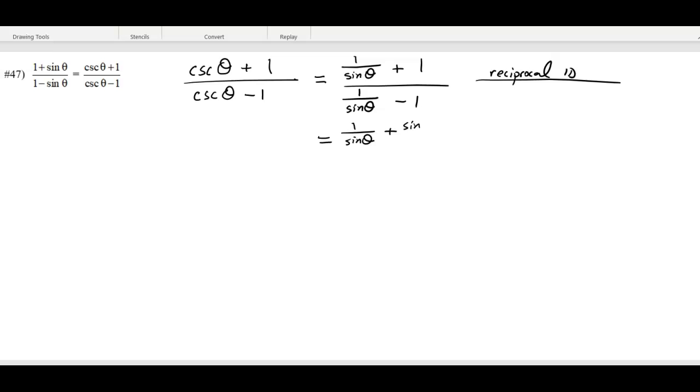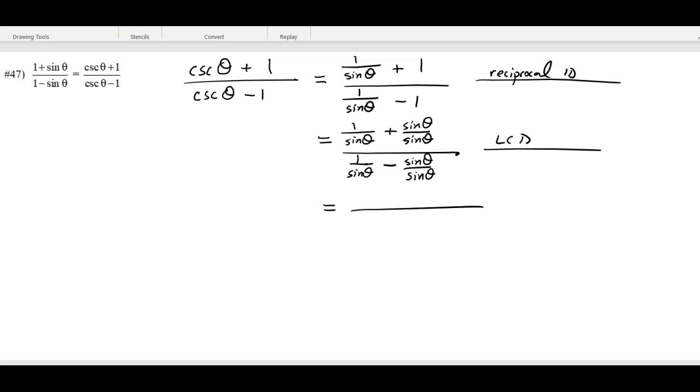which is sine over sine, sine of theta over sine of theta, 1 over sine of theta minus sine of theta over sine of theta. So all I did was build two fractions with least common denominators. Okay? Then I'm going to actually simplify.